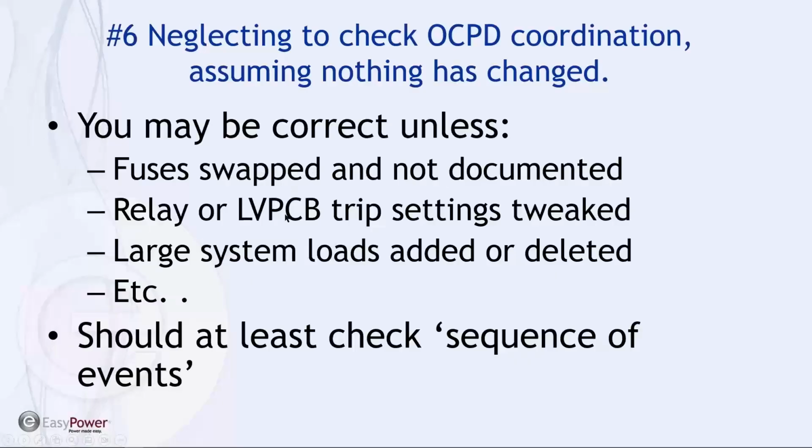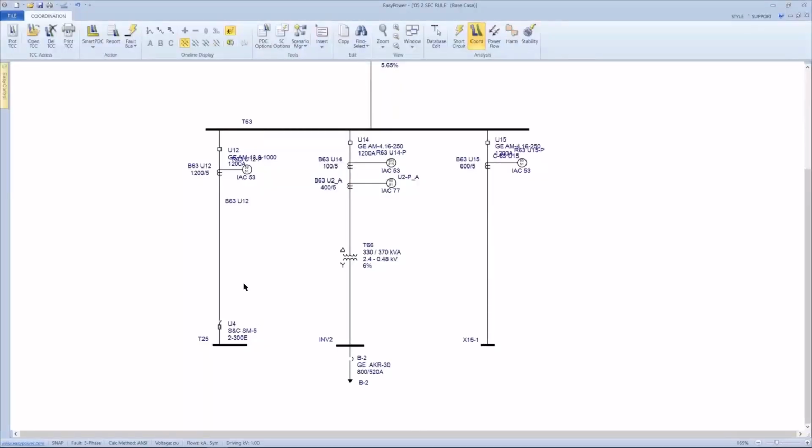Or has someone tweaked relay settings or low voltage power circuit breaker settings without understanding that could change not only our coordination, but it could change our incident energy or equipment protection? So what I suggest is, rather than taking this as a first step to ignore or assume nothing has changed, do at least a sequence of events check. And in EasyPower, it looks something like this.